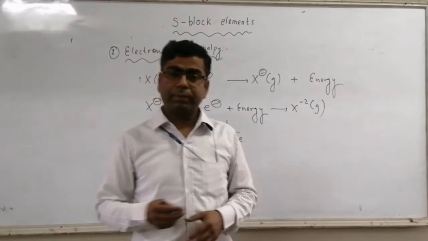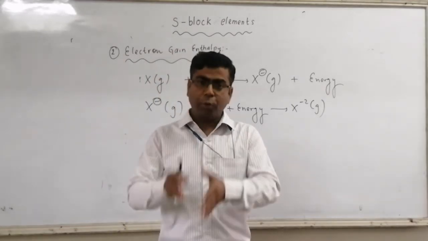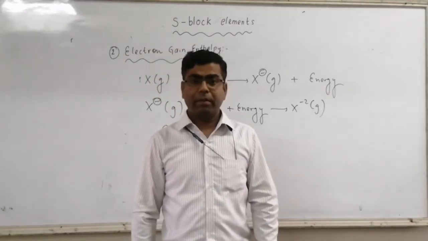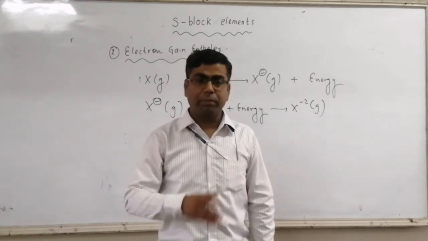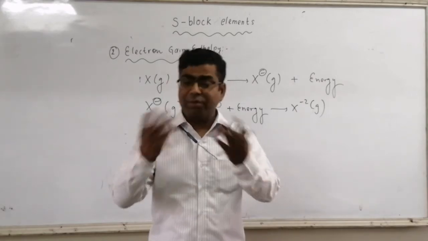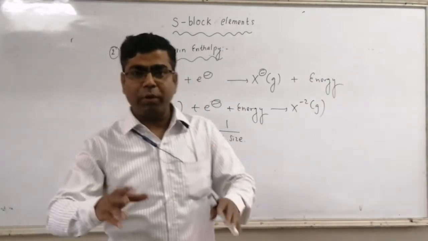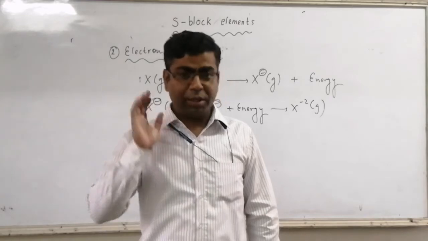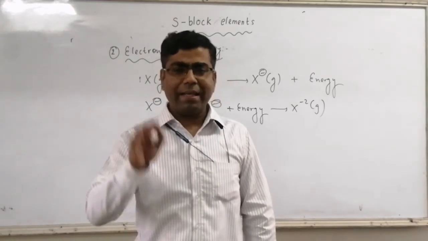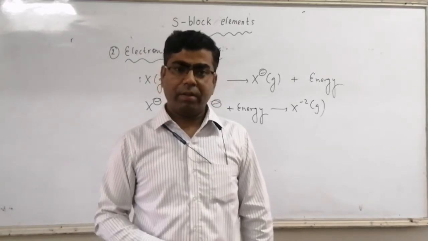Let us talk about EA in a group and a period. When we move from top to bottom in a group, atomic size increases. The valence shell is going away from the nucleus. So electron affinity or electron gain enthalpy will decrease.